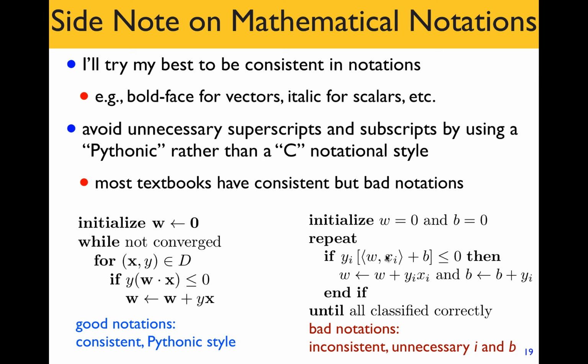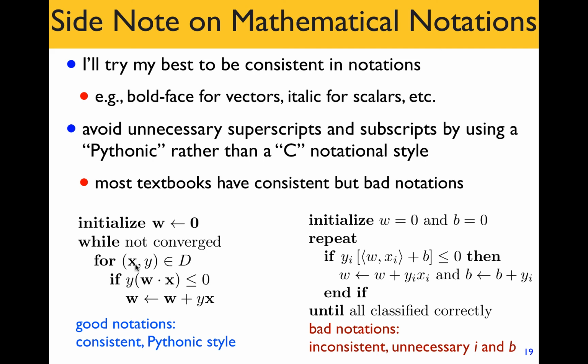Is xi really the ith dimension of this vector x, or is it the ith vector? In this context, it really means the ith vector, not the ith dimension of a vector. But how do you tell? There's no hint in the notation, right? And the other thing is there is an i here, so you're ranging over i from 1 to the size of the data set. That's basically a C-style for loop.